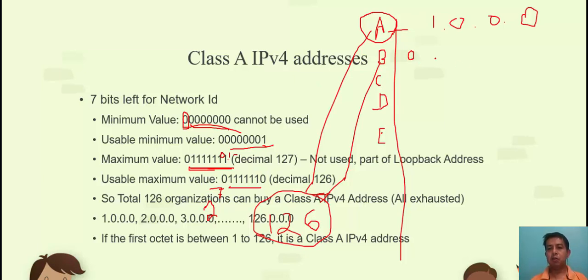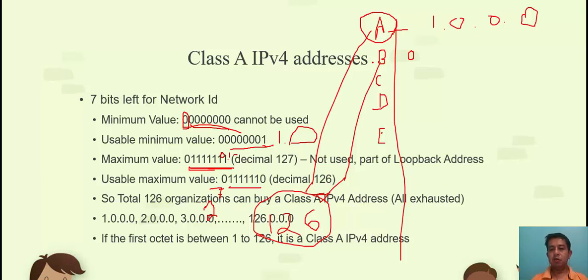I cannot use all zeros, so I have to use 00000001. So the decimal value is 1. The remaining parts are for the host. We are not discussing host right now, we'll discuss host after this. The first octet is important in a class A, so the first value is 1. So the first organization which went to buy a class A address was given the IP address 1.0.0.0.